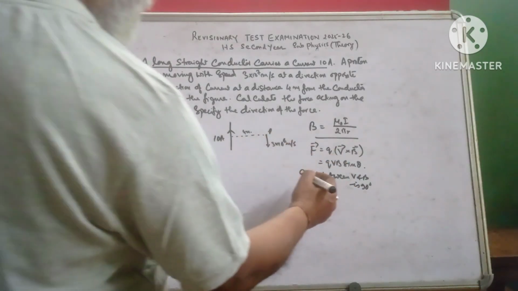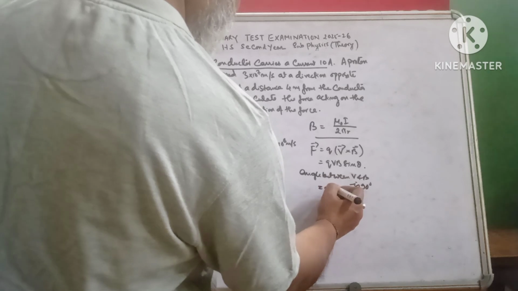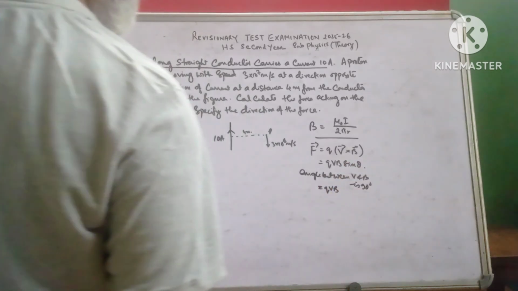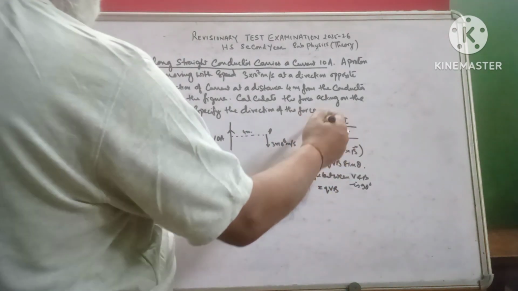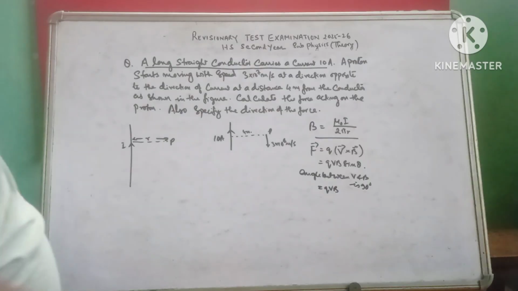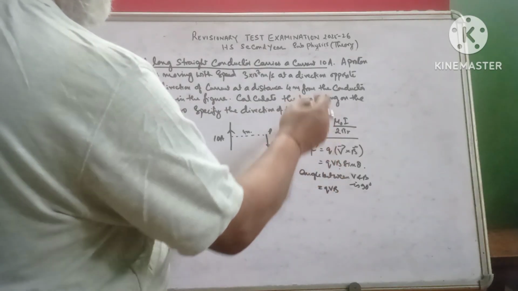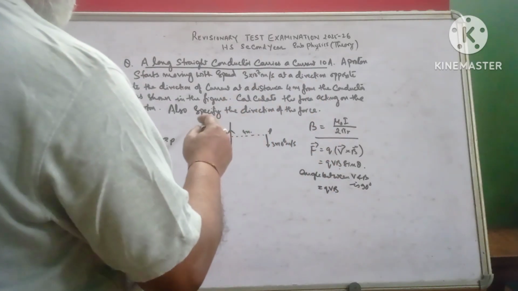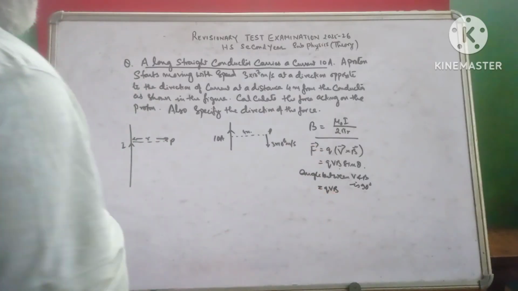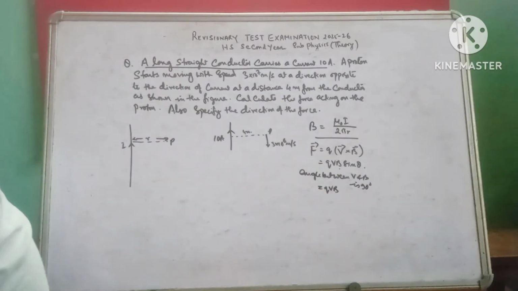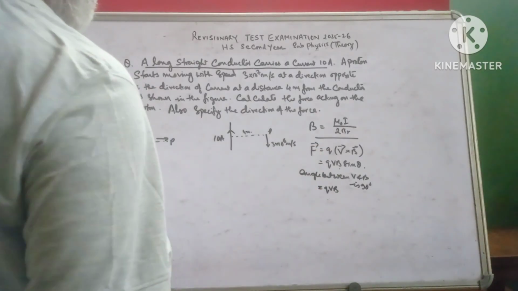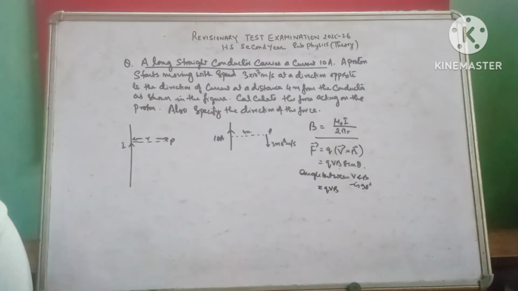So this will be equal to QVB sin 90. From here you will calculate the value of B, and you put the value of B here. V is given to you, and charge, that is the charge of a proton, you know that is equal to the charge of an electron, and if you place it here, you will get the force acting on it.